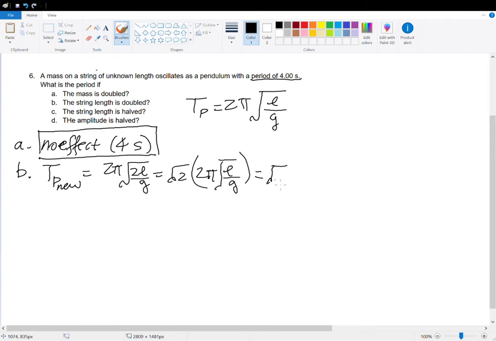So it's just square root of 2 times the old period. So this should increase it by a factor of square root of 2, so all we have to do is multiply 4 times root 2, and we get the new period is 4 times square root 2 seconds, or if we account for sig figs, 5.66 seconds.